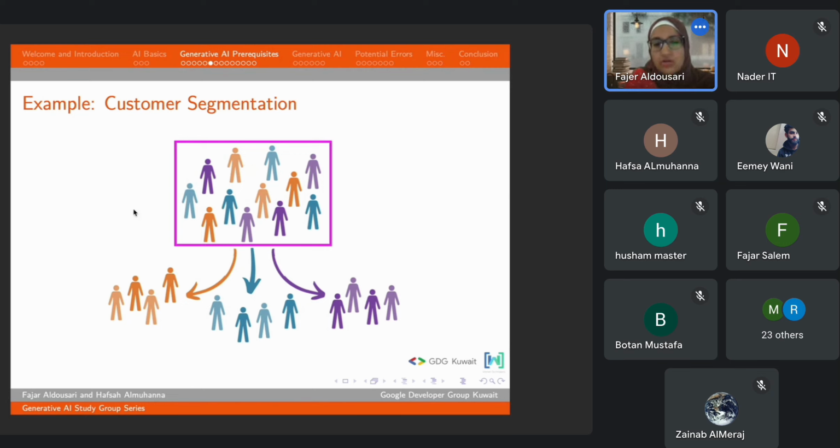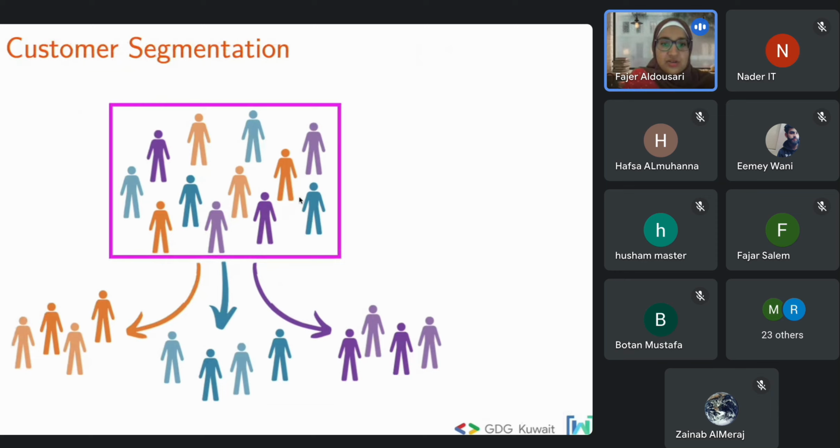That's what this type of algorithm would aim to do. It would see what the similarities are, compare the customers to each other, and group them into clusters based on that.